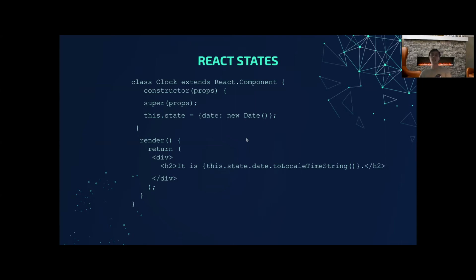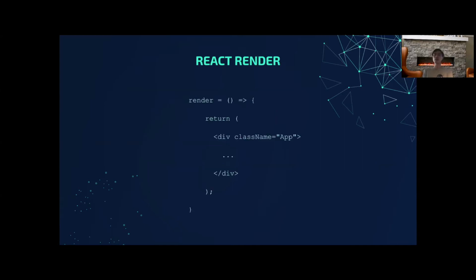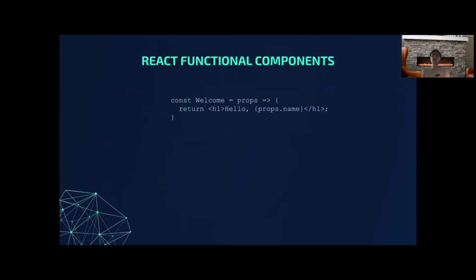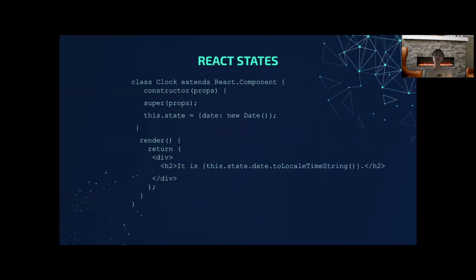Okay, React state. This is kind of why we have two different types of components. So we have a class component and then we have a functional component. If they do the same thing, why have them? Well, React state is one of the reasons why we have them.